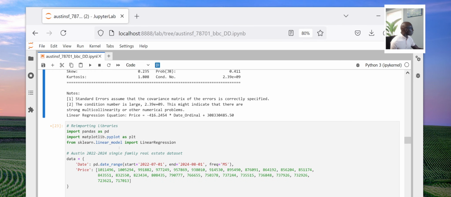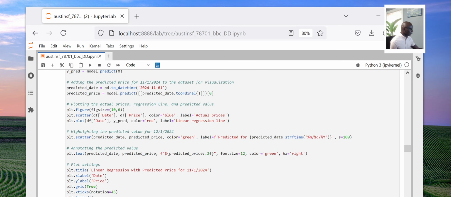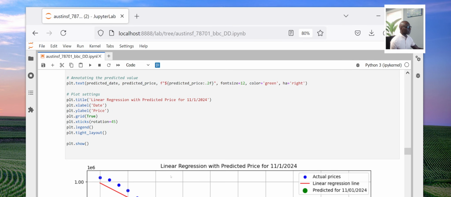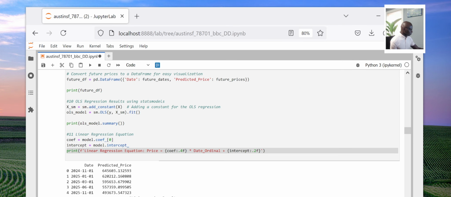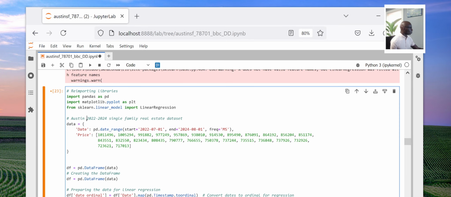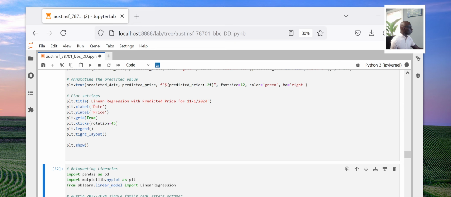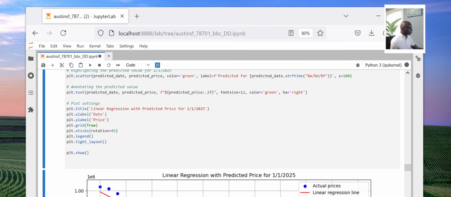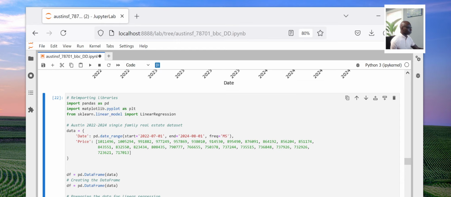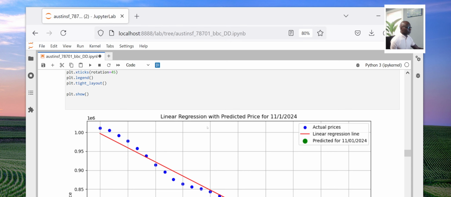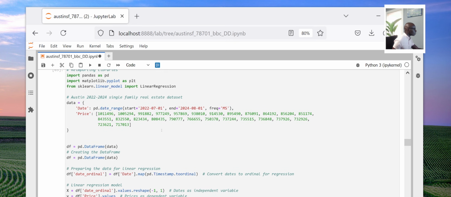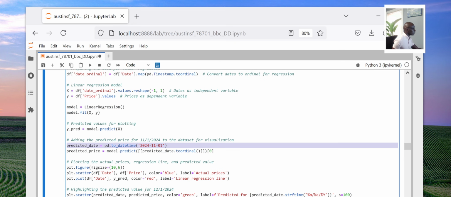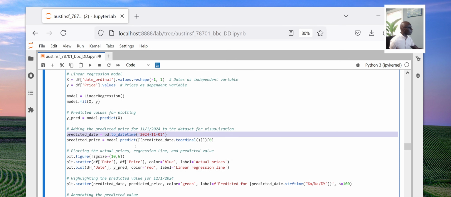So same thing here, continuing with the AI ML project. What I wanted to do was predict the price for November 1st, 2024, and visually see that. Right, so we want to look at November 1st, 2024.